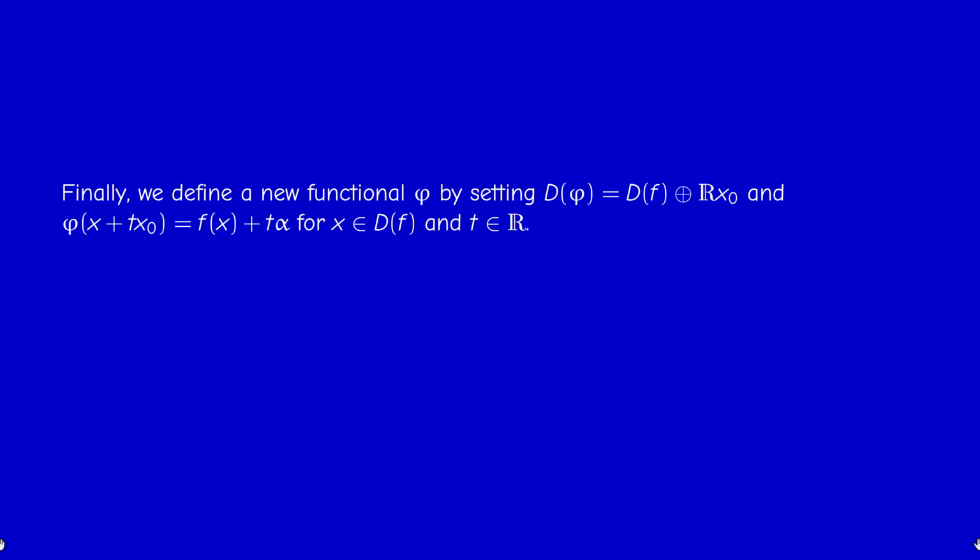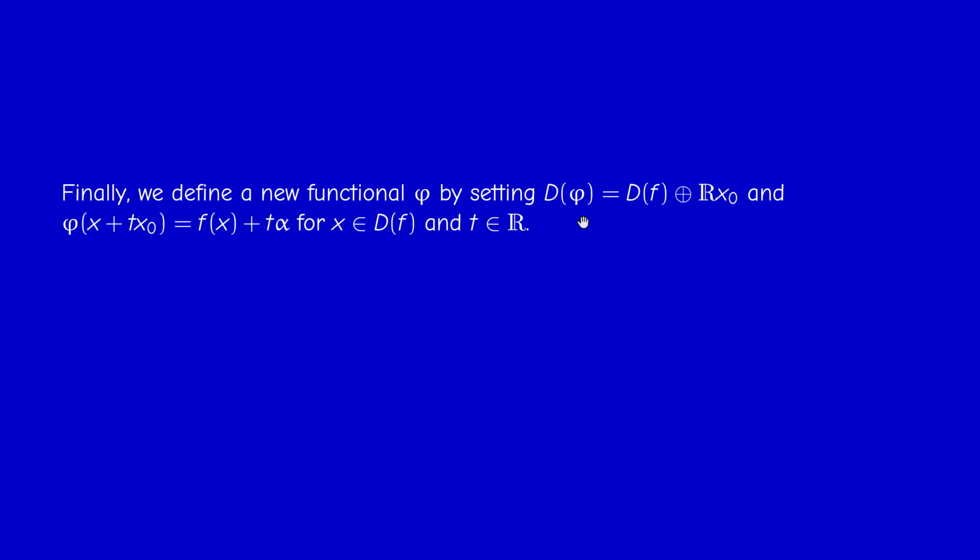Okay, fine. And now we are almost done. We define a new functional phi, which is defined on the domain of F direct sum the one-dimensional vector space generated by x0. So if I consider this direct sum, of course this is a subspace, a direct sum of two subspaces, because x0 is not in the domain of F. Okay, so this is strictly bigger.